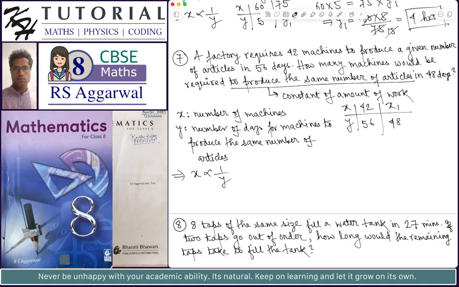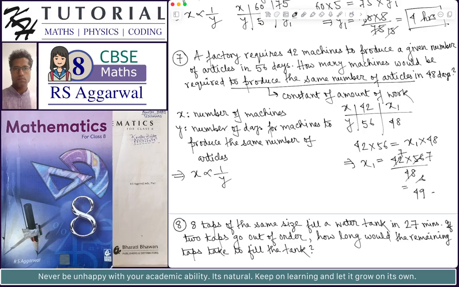So now we can say that 42 multiplied by 56 is equal to x1 multiplied by 48. This implies x1 is equal to 42 multiplied by 56 divided by 48. Okay, so 8, 7, 8, 6 and 6, 7. So this is 49.